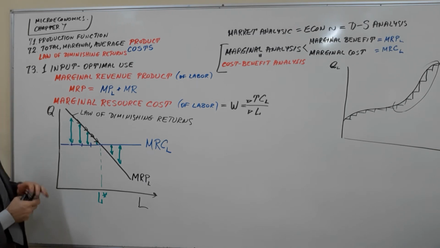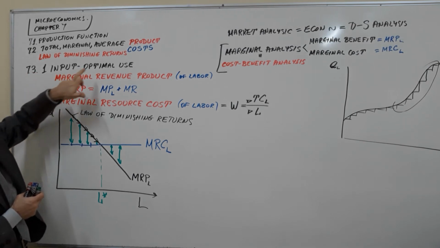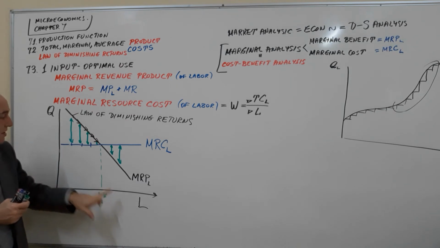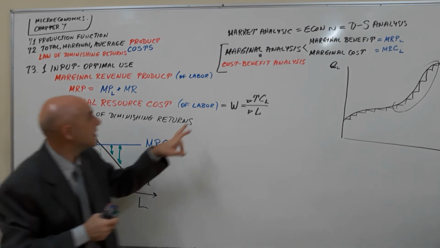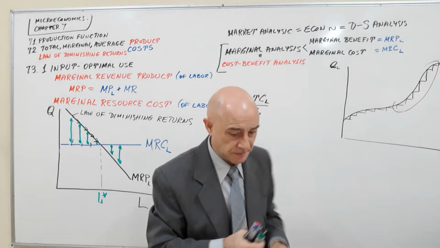And this is what section 7.3 was: optimal use of one resource. If the resource is labor, this is the optimal use. Okay. Again, this is a simple application of cost-benefit analysis.